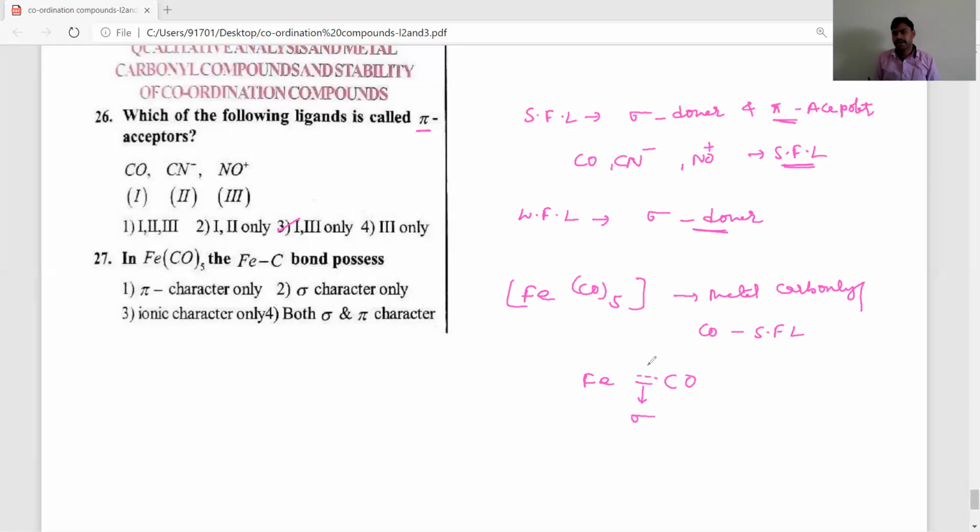Both sigma and pi character are present between the metal and the carbonyl group. Okay, students, so the answer is the fourth option. So this covers some important concepts related to complex compound questions.